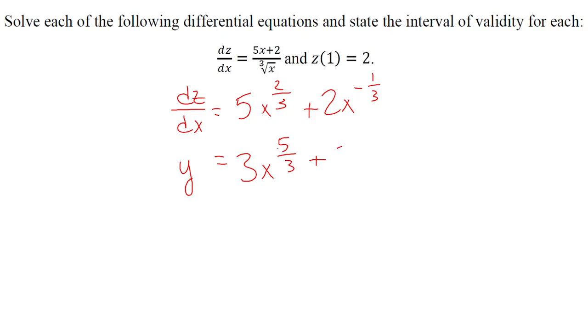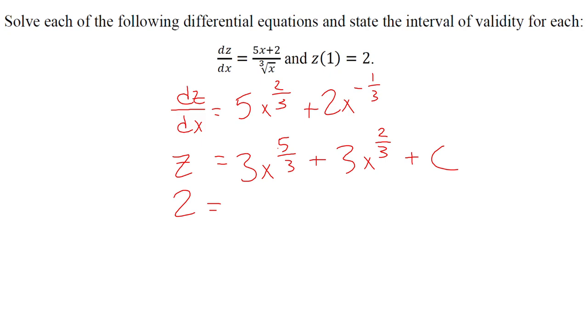So we get 3x to the 2/3 plus some constant. And we're given that, I shouldn't have put a y here, right? This function is actually dz dx. So this is going to be z is equal to 3x to the 5/3 plus 3x to the 2/3 plus a constant. When x is 1, z is 2. So we'll say 2 is equal to, well, let's see, x to the 5/3.